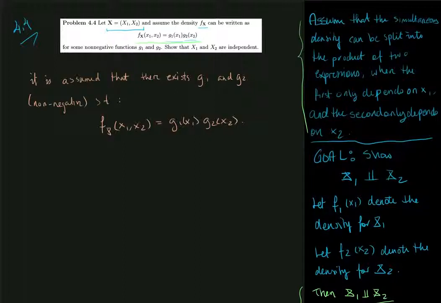And we want to show that x1 and x2 are independent. So we want to show that the simultaneous density is written as the product of the marginal densities.